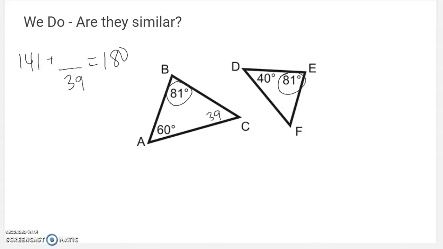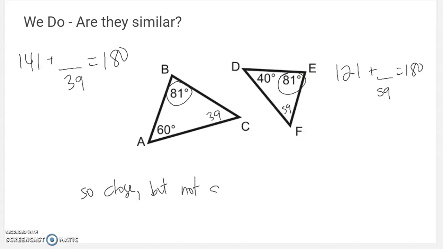And over here, that's 121 plus the other angle is 180, which is going to make this, I think, a 59. Look how close these are. 60 versus 59, 39 versus 40. They're so close, but not similar.